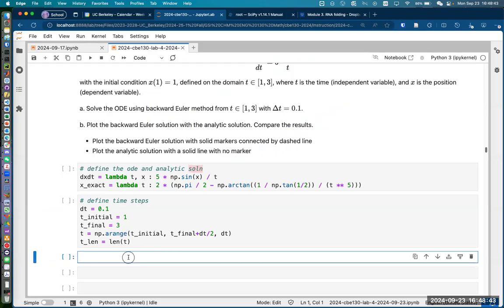To implement it, we will use the definition. The independent variable is t, the dependent variable is x.